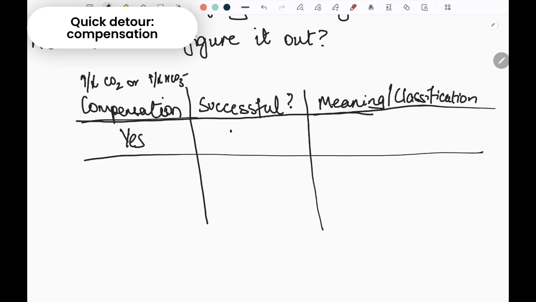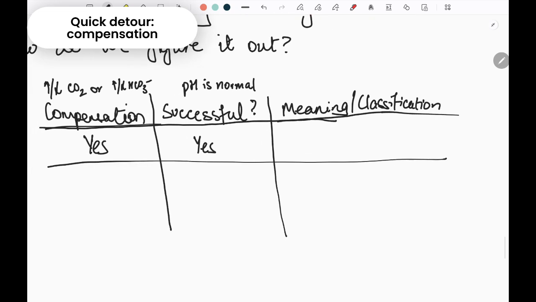If the answer is yes, so how do we know if something's compensated? The pH is normal. Just because the pH is normal doesn't mean that the body's okay. But what it means is the body is able to keep up despite the fact that something is wrong. So when the body compensates and it's successfully able to compensate, then we say full or complete compensation.